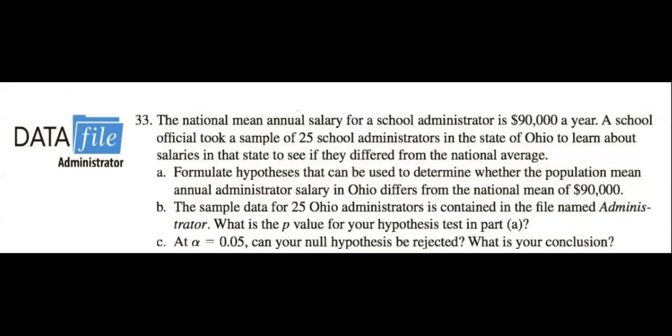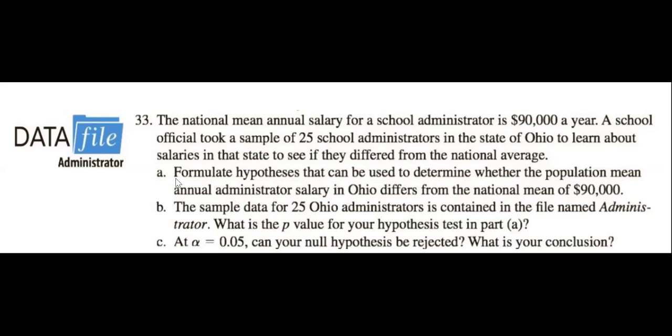In this question, we want to see if the salary of school administrators in the state of Ohio is different from the national average. This is the keyword here. We want to see if it's equal or not, which actually indicates a two-tailed type of test.